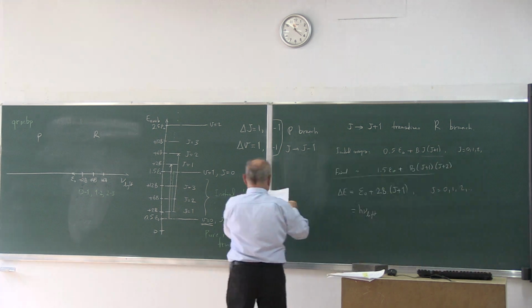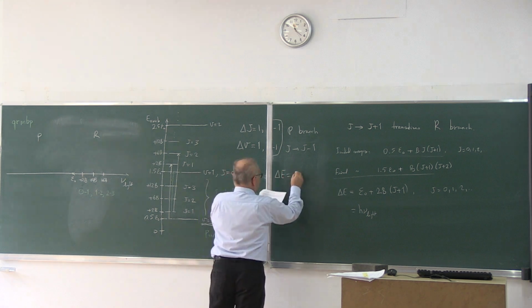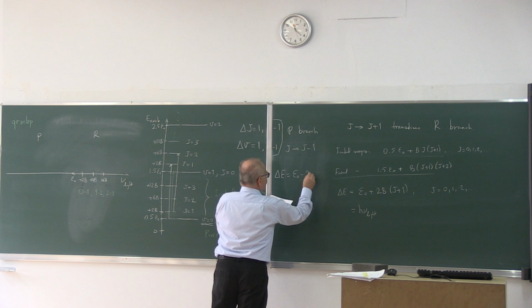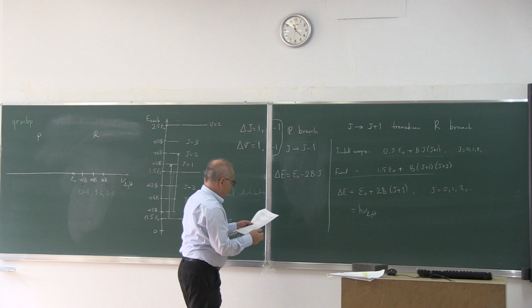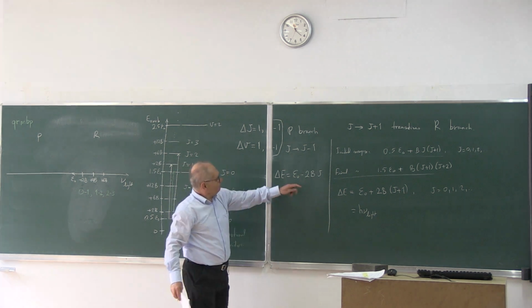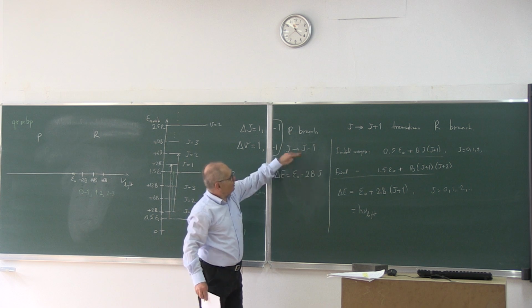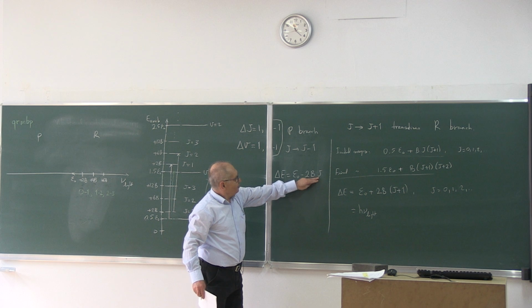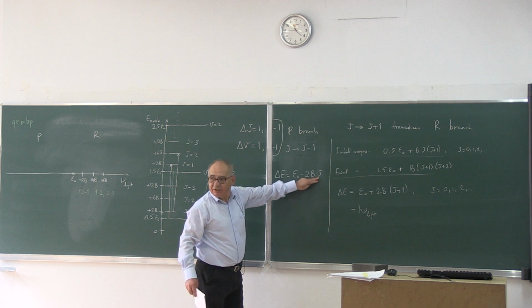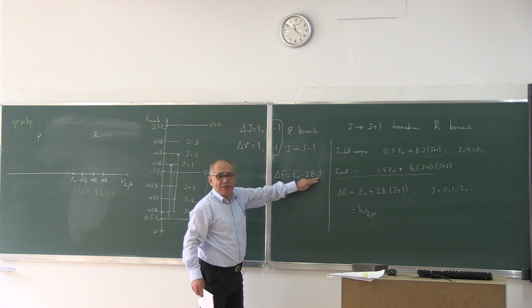I will simply write the final expression. In this case, delta E is F0 minus 2B times J. Of course, here, in J to J minus 1 transitions, because J is still the initial J, J quantum number of the initial state, this J must start with 1.